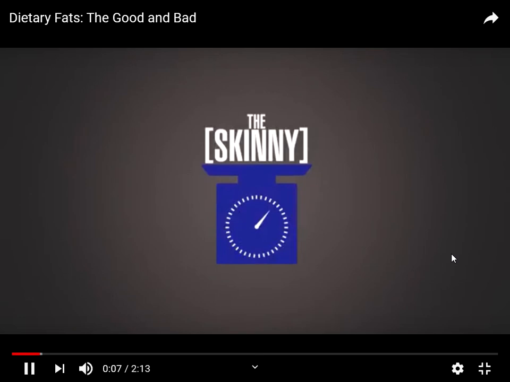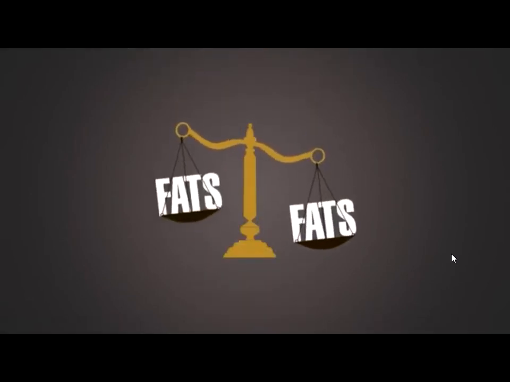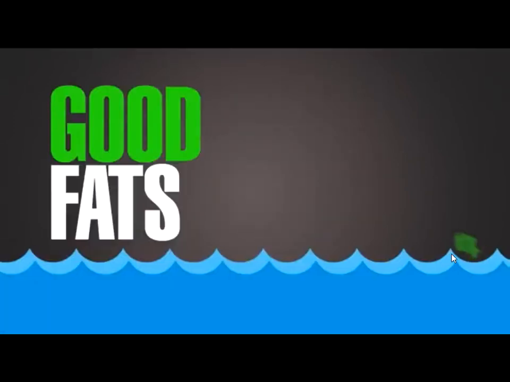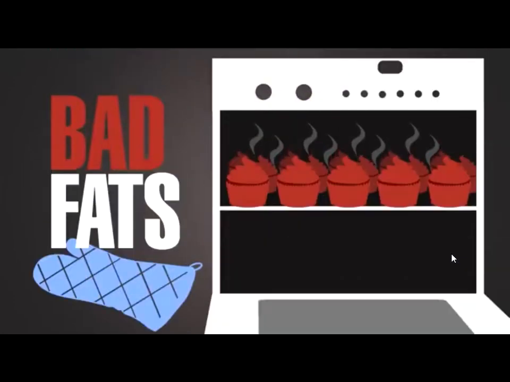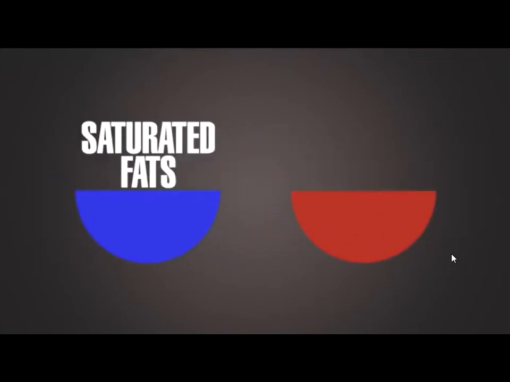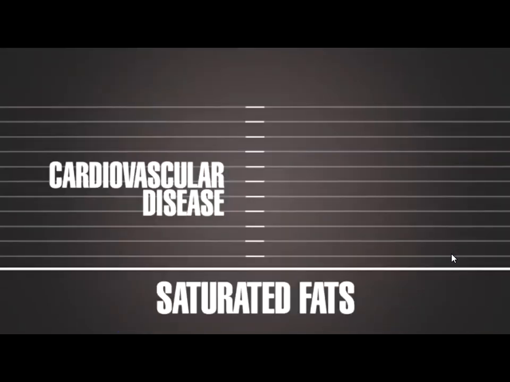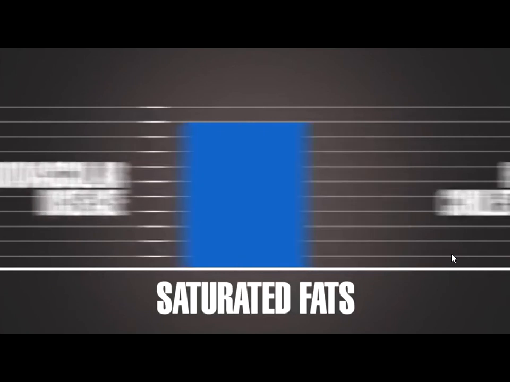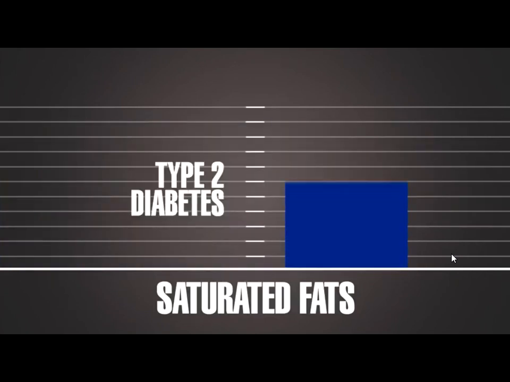Here's the skinny on fats. Not all fats are created equal, and not all of them are bad for you. In fact, there are good fats and there are bad fats. First, the bad. There are two types of unhealthy fat in foods: saturated fats and trans fats. Saturated fats can increase your chances of cardiovascular disease and raise your cholesterol levels. And saturated fats may increase your chances of getting type 2 diabetes.